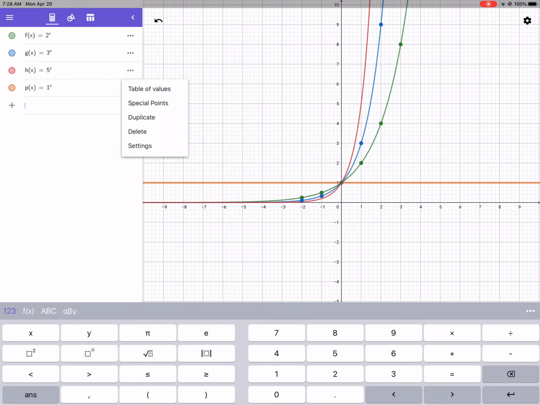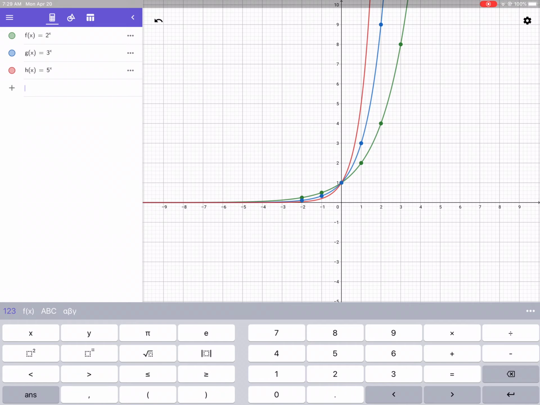So really important with exponentials, you can't have a base of 1. How about a base of 0? That's not going to work either. Same thing, not happening. So I'm going to make my number smaller, but I'm not going to make it negative. I'm going to make it a fraction, like a half.